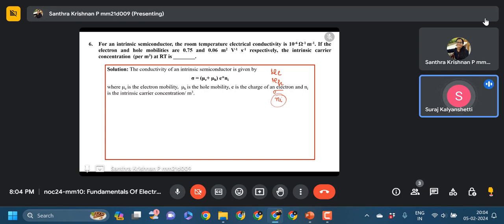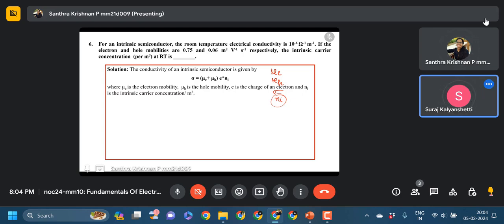They have taken the concentration of holes and electrons to be the same. If the room temperature electrical conductivity is this much and the electron and hole mobilities are this much, you have to substitute and find out Ni.